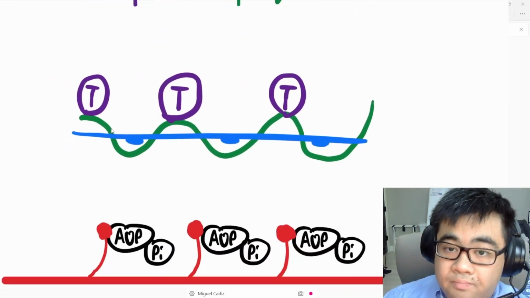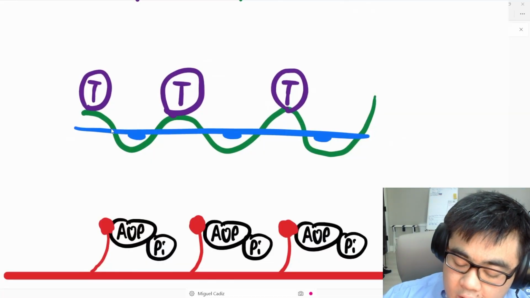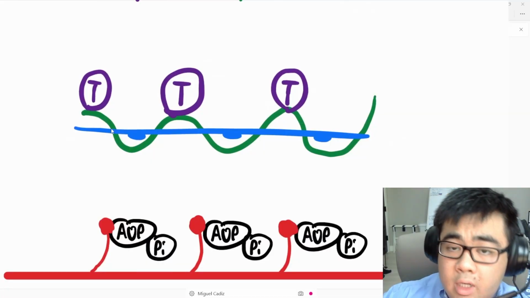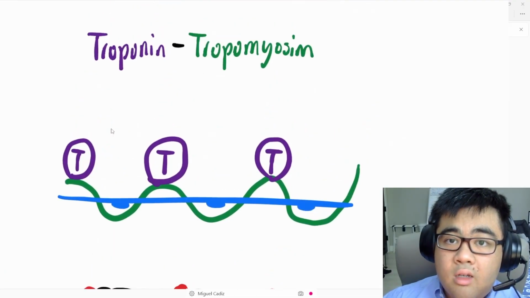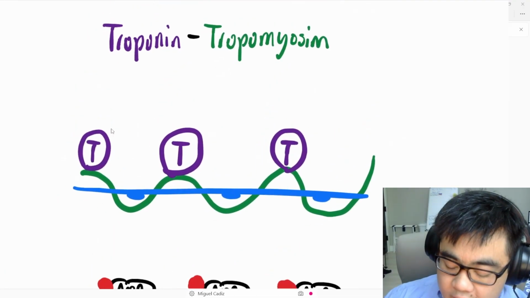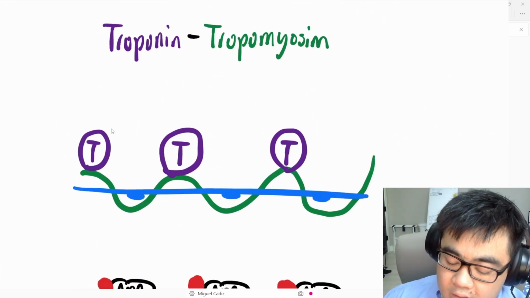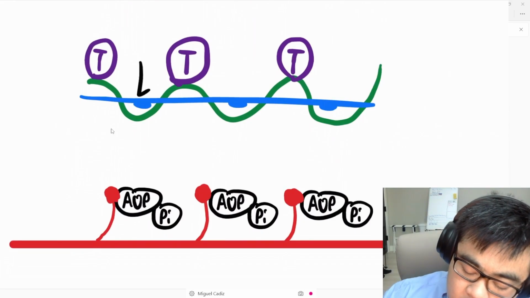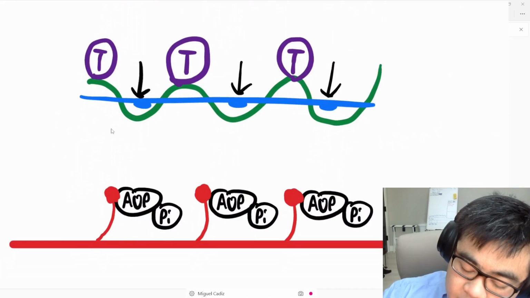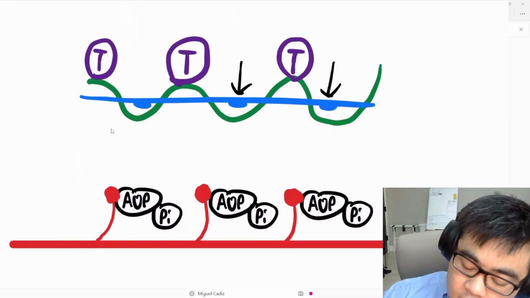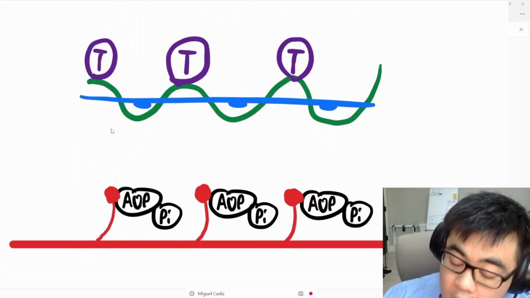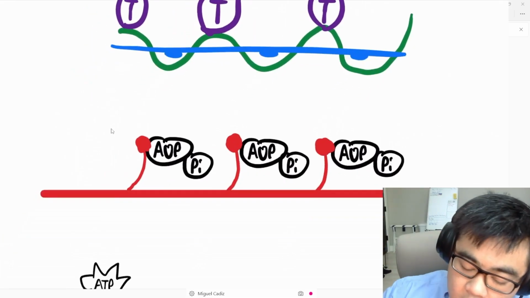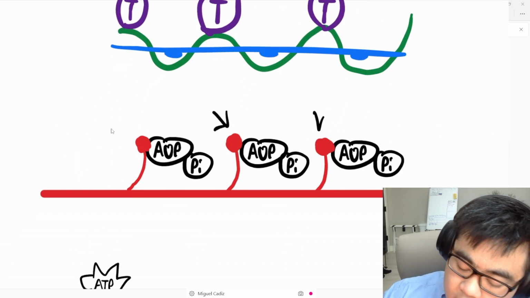action potential, the resting sarcomere will have this troponin-tropomyosin complex over the actin filament. This complex will cover all of these binding sites, as you can see right here. These binding sites are for the myosin, specifically the myosin head that comes off of each thick filament.